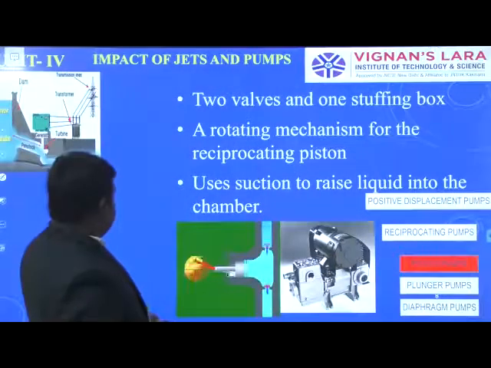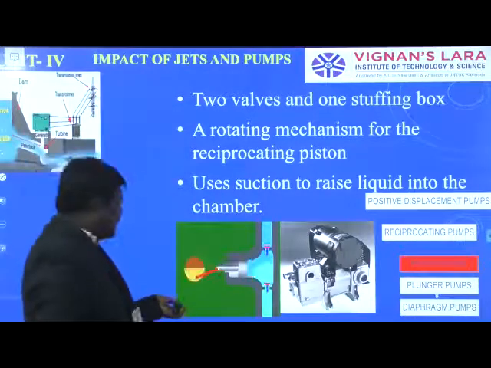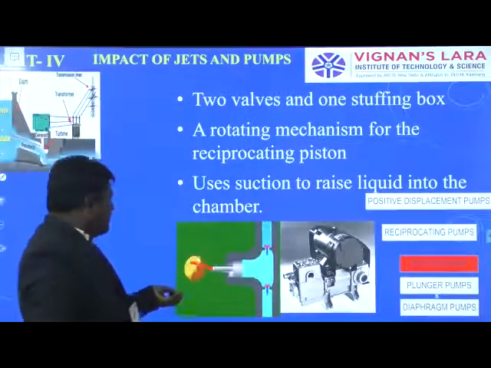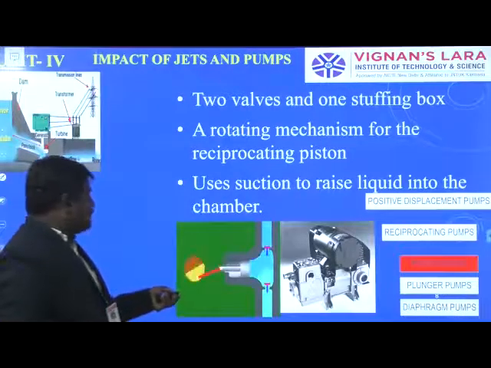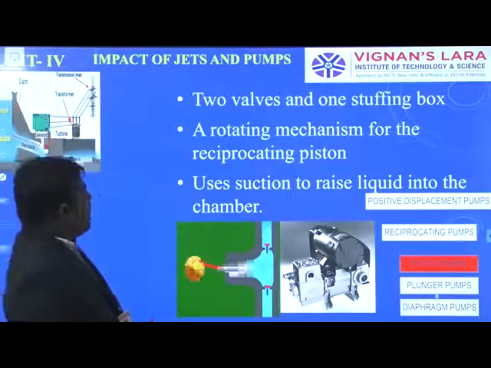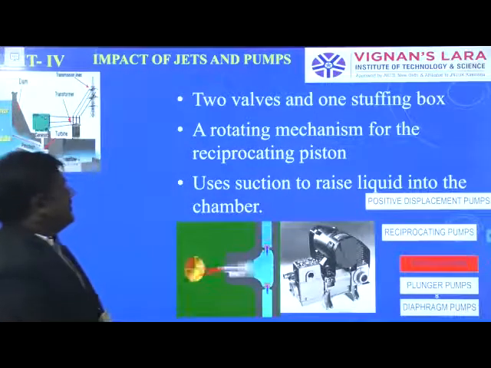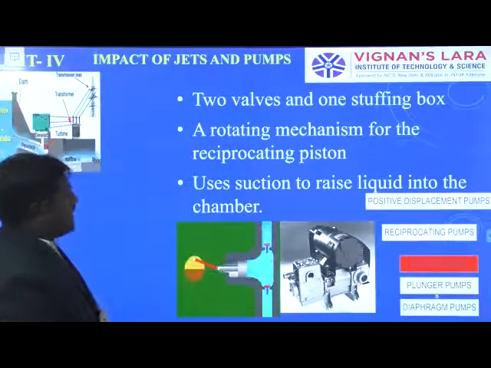We have to see the working principle of the reciprocating pump. Here is the animation of the reciprocating pump. It has two valves and one stuffing box, a rotating mechanism for the reciprocating piston, and uses suction to raise liquid into the chamber.